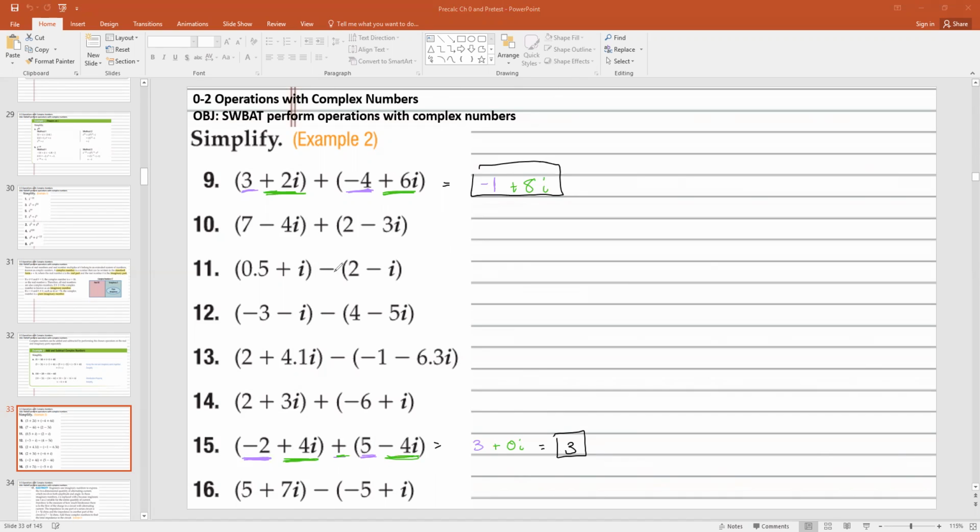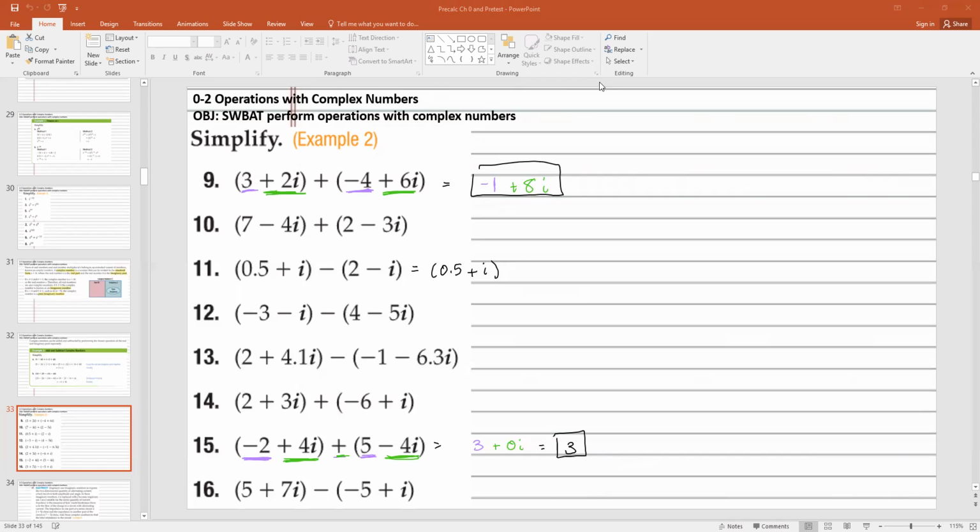All right, now let's look at some subtracting. So subtracting, I like to distribute first, okay? Otherwise, you might make some mistakes. So let's distribute that. Okay, this first one does not change. It still stays 0.5 plus i.